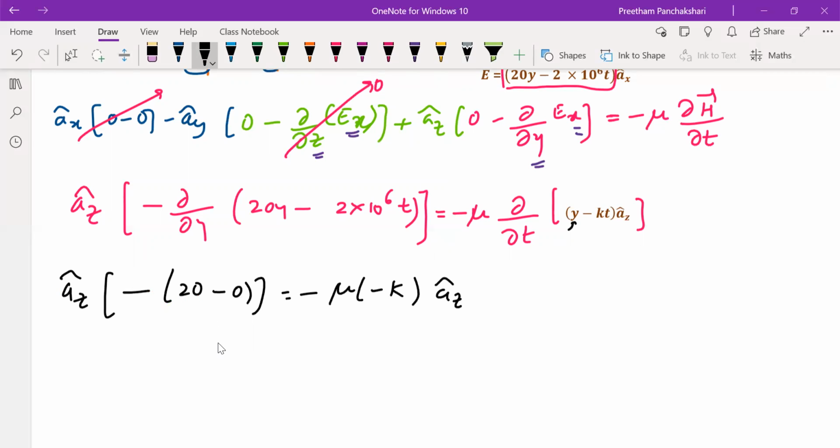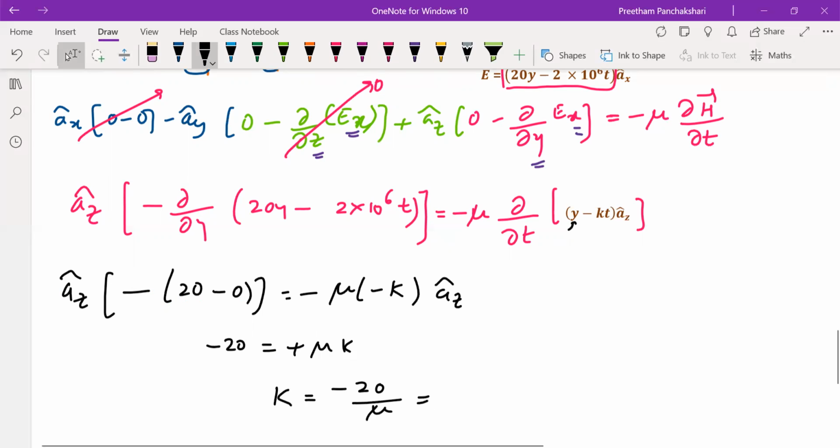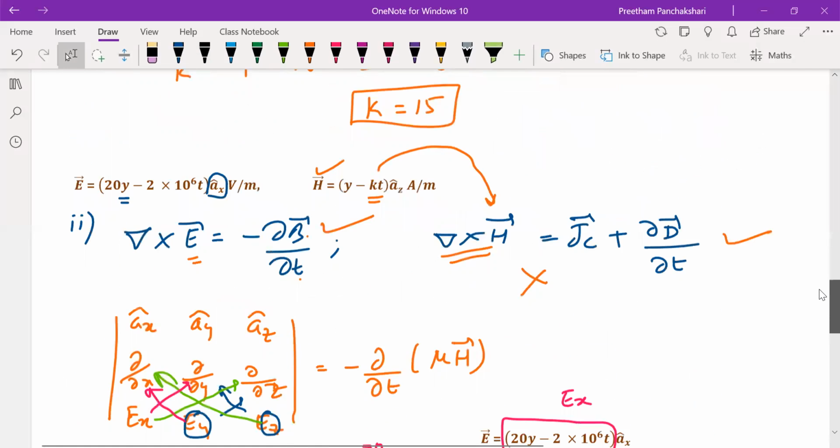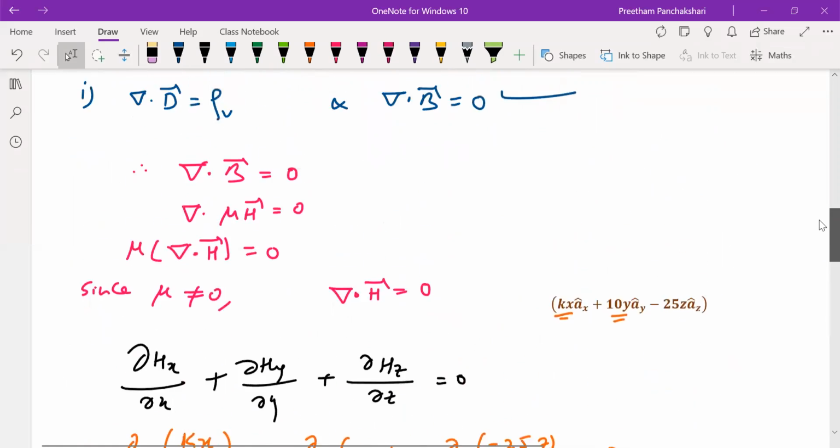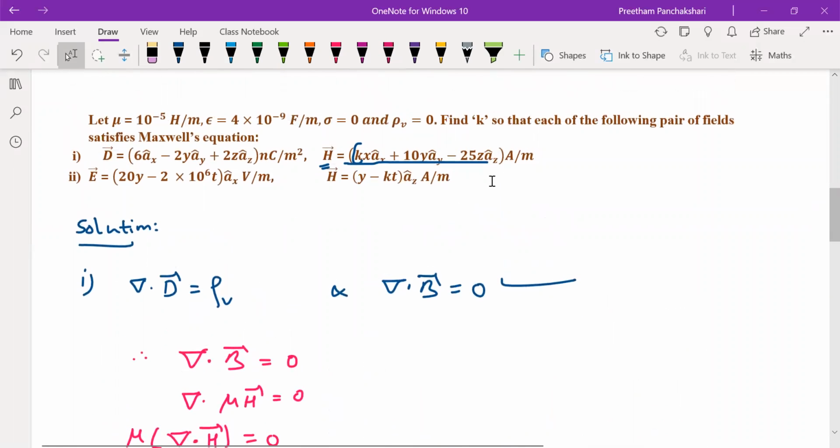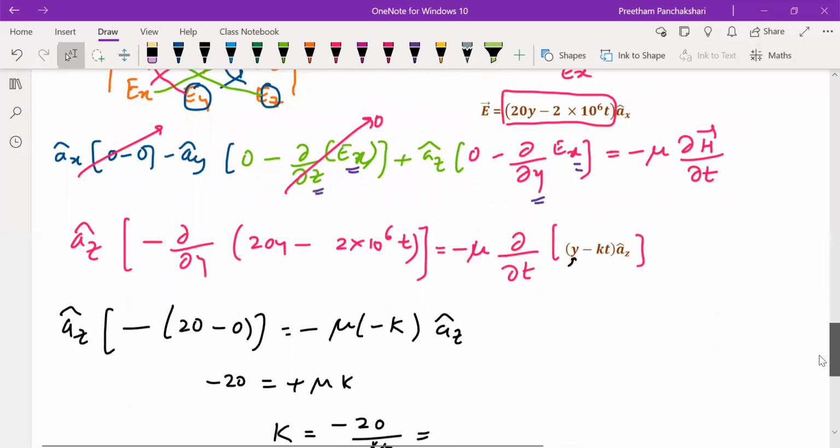So here I have minus 20. Here minus into minus gives plus mu k. So k is equal to minus 20 divided by mu. What is mu? It's given in the problem. Let us see. Yeah, look at this one. Mu is 10 power minus 5 Henries per meter. So the complete value of mu is given there.